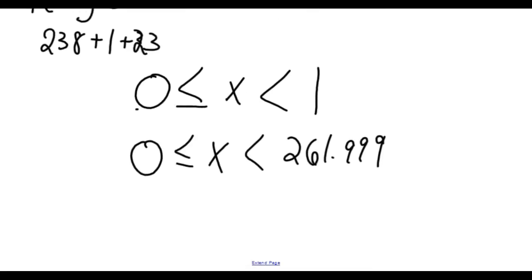Then we're going to subtract 23. So 261 minus 23 should give us 238. Double check my math, am I right? Okay, 238.